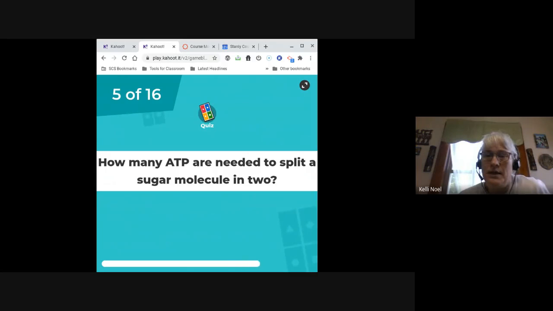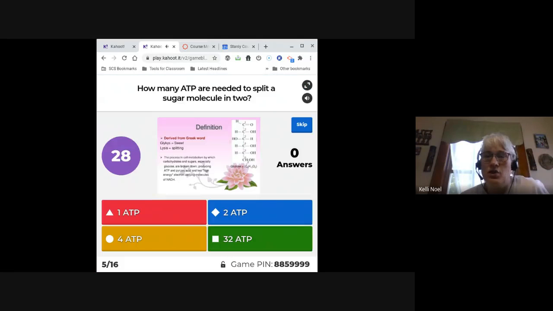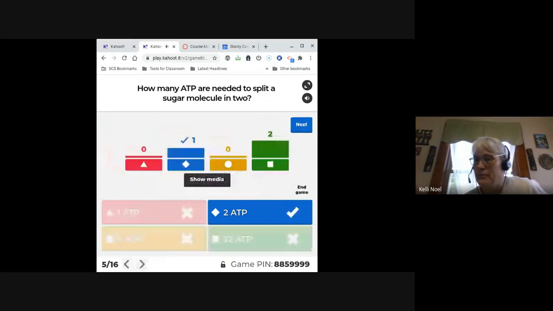How many ATPs are needed to split the sugar molecule in two? This is in glycolysis. So how many ATPs were used? It produces some, but how much does it use? All right, 2. It uses 2 ATP.